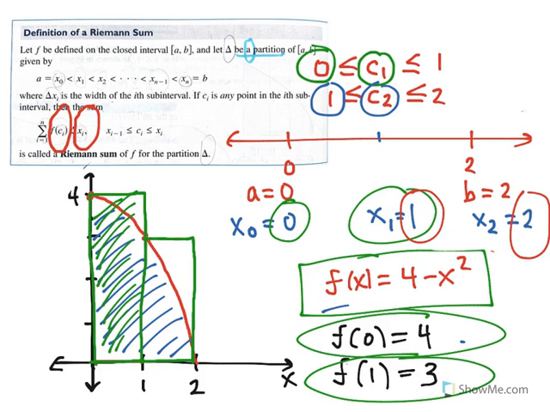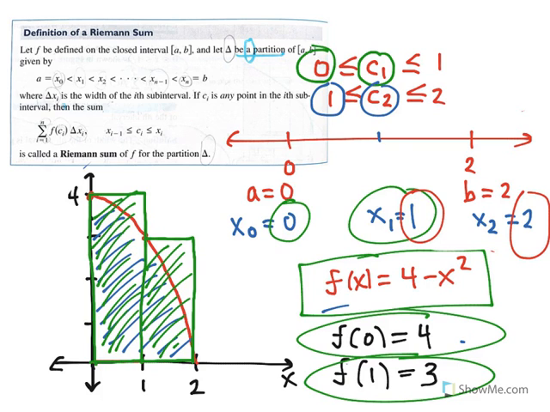And then we're doing height times width to get the area of the second rectangle. So this Riemann sum in the context of the problem that we just looked at is giving us the sum of the areas of these two rectangles, and I would go from 1 to 2. So that's what a Riemann sum is.